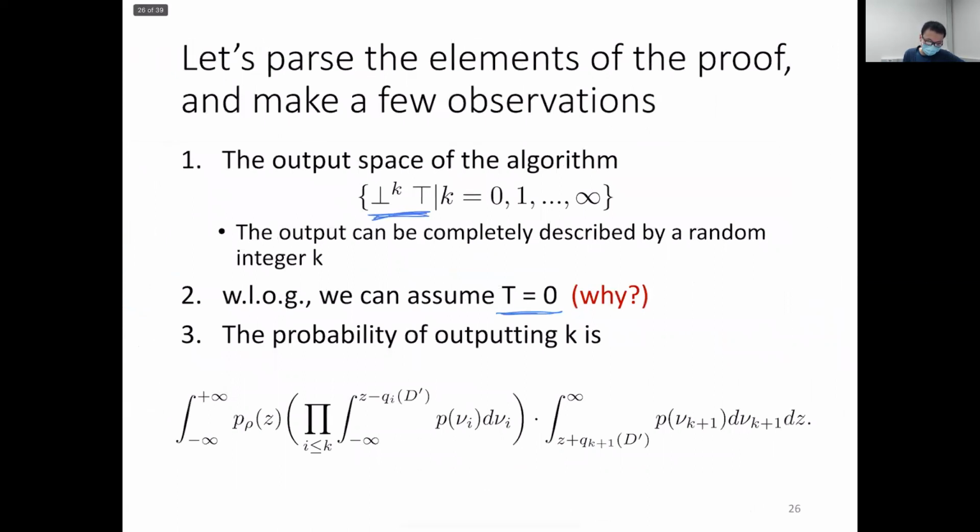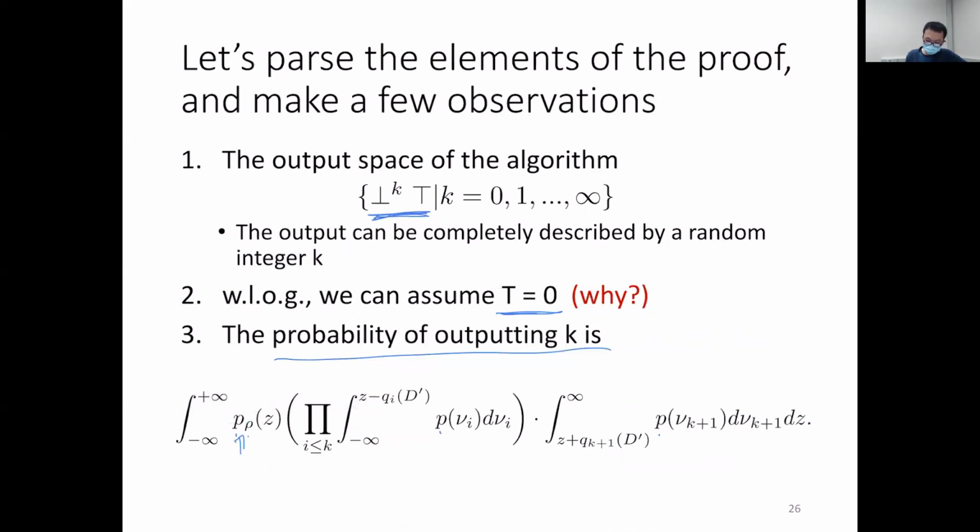And lastly, I argue that the probability for the algorithm to output k can be described by this seemingly complicated integral. We'll use p of rho to denote the density function of the noise that we add to the threshold, and we'll use p to denote the density of the noise that is added to individual queries.